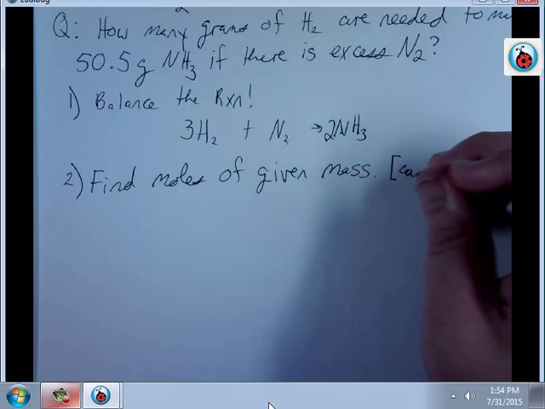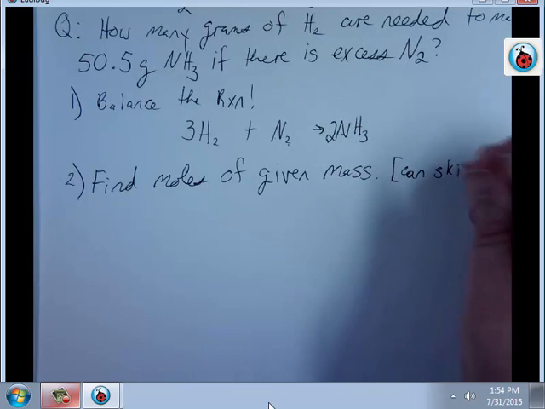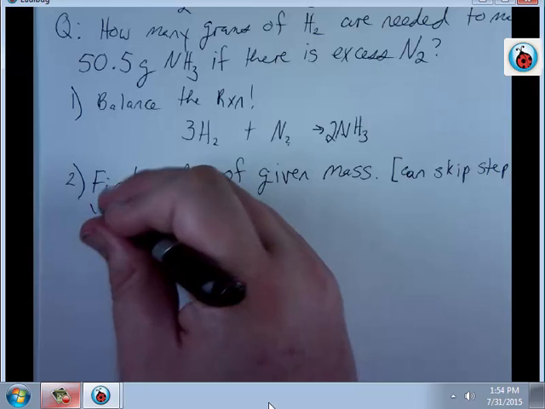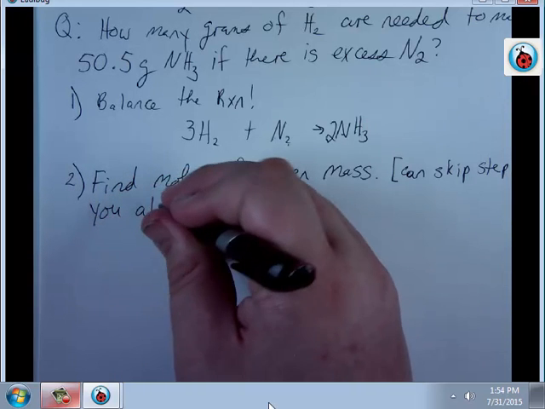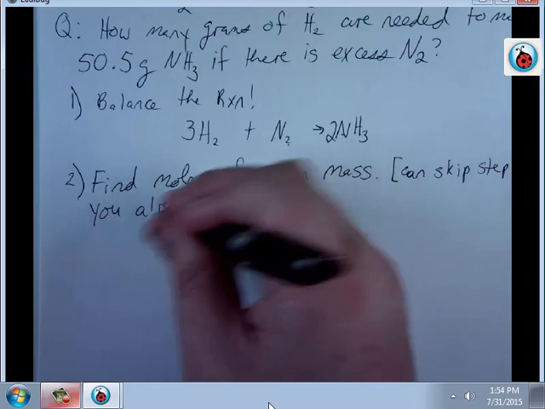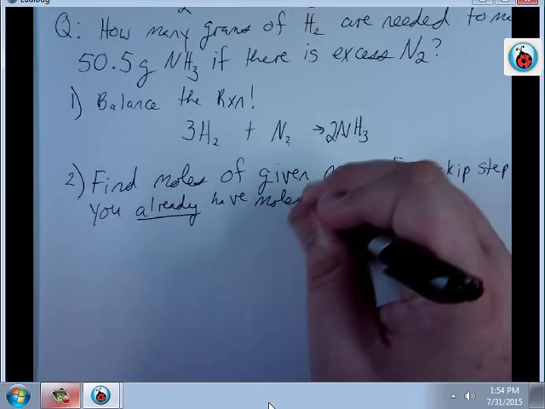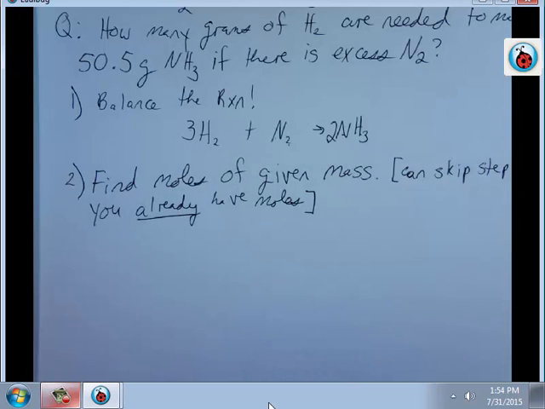Now you can skip this step if you're already given mass. Can skip step if you already have moles. Alright, but we can't do anything more until we have moles.